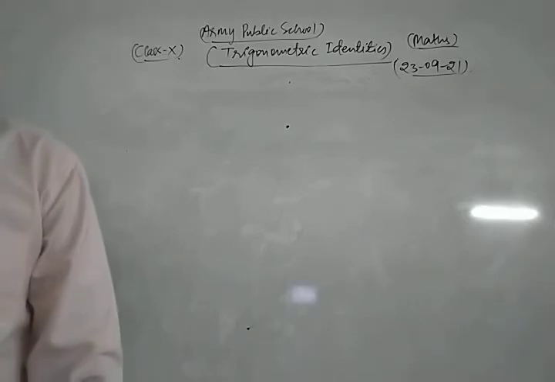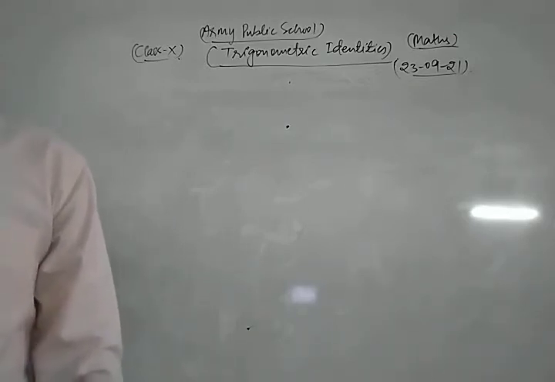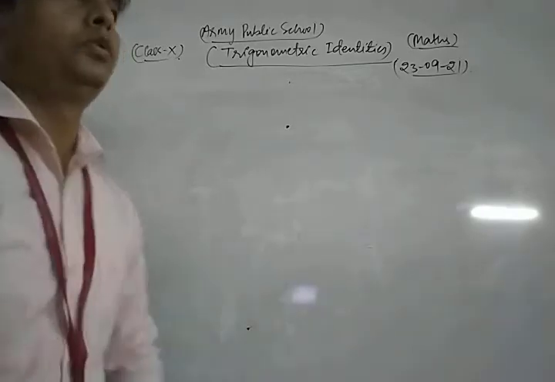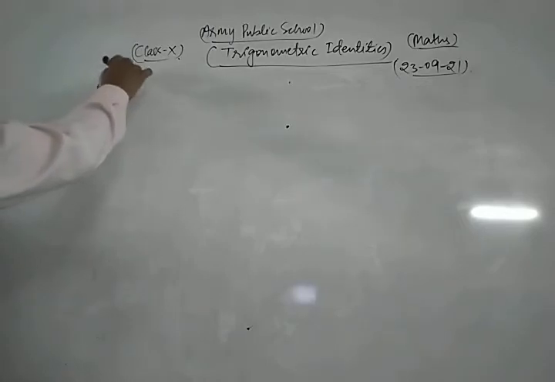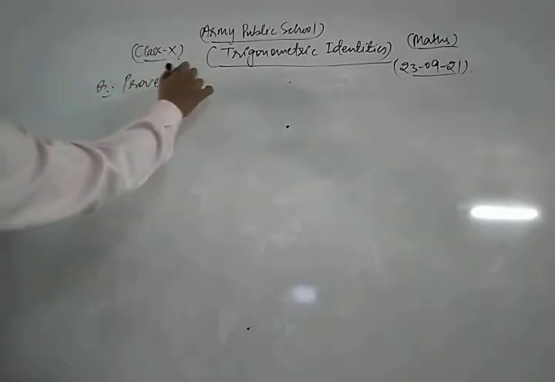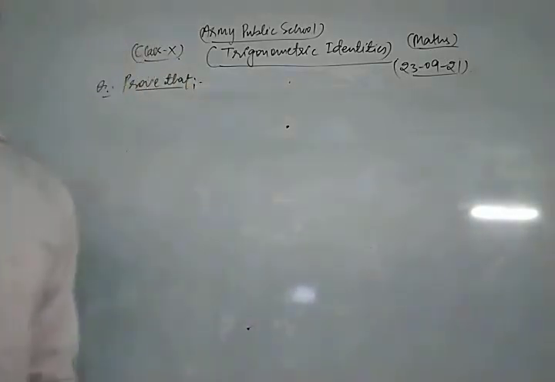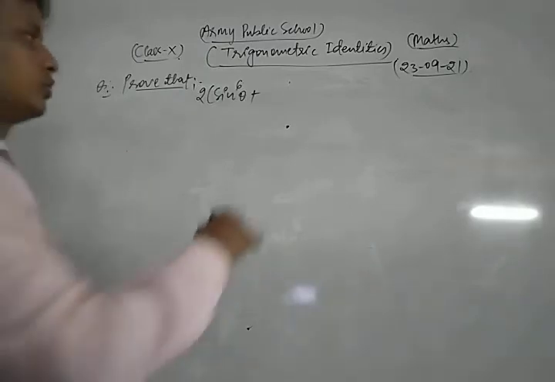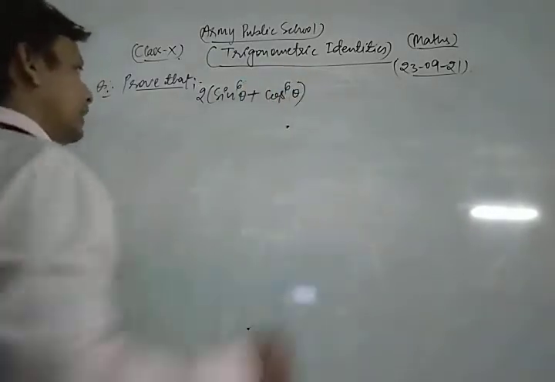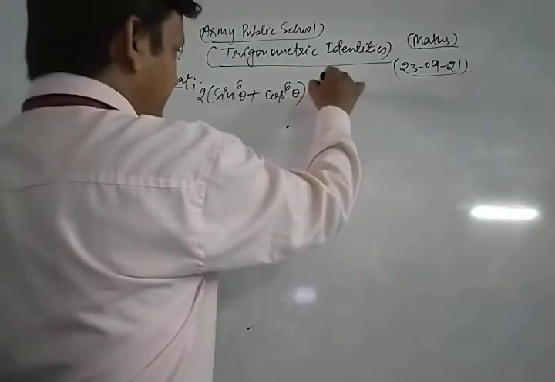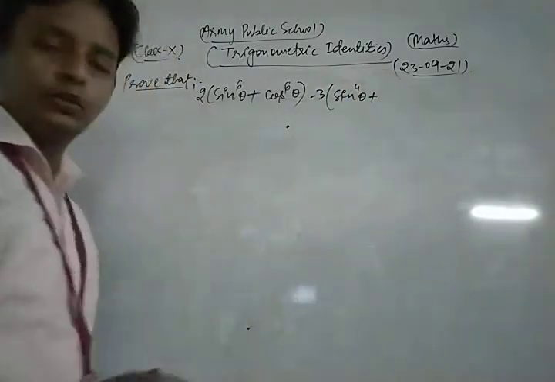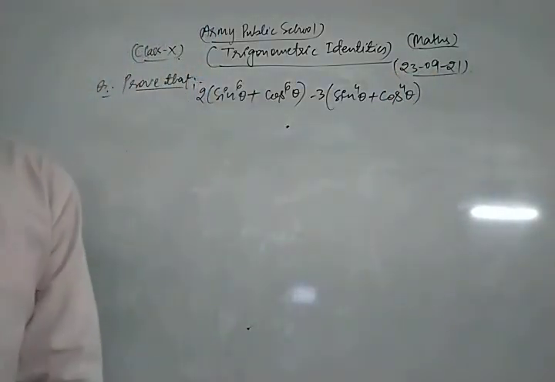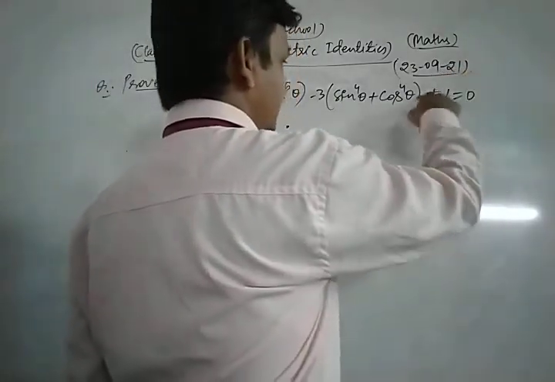Now look, prove that 2 times sin to the power 6 theta plus cos to the power 6 theta, minus 3 times sin to the power 4 theta plus cos to the power 4 theta, plus 1 is equal to 0.